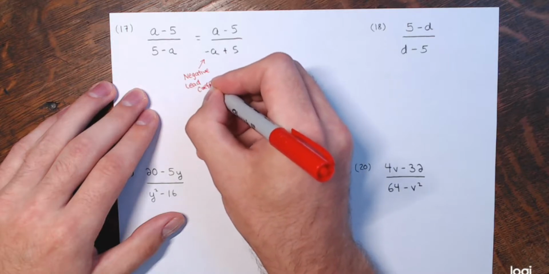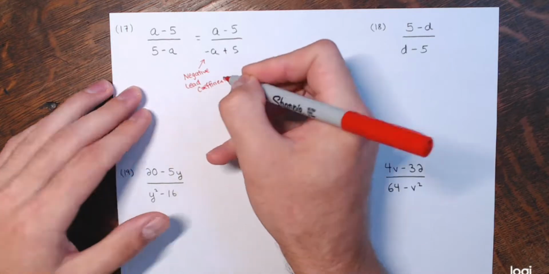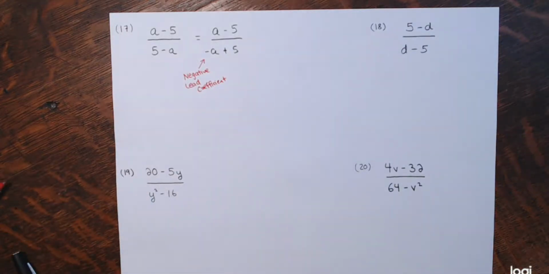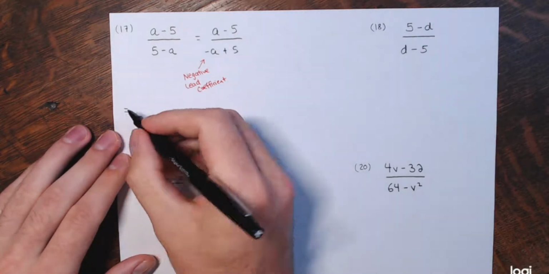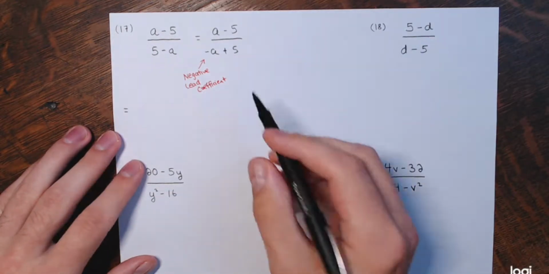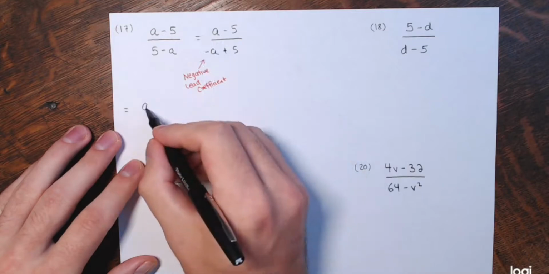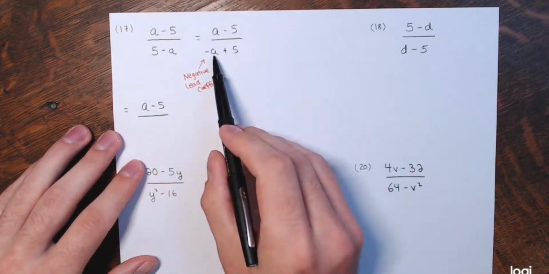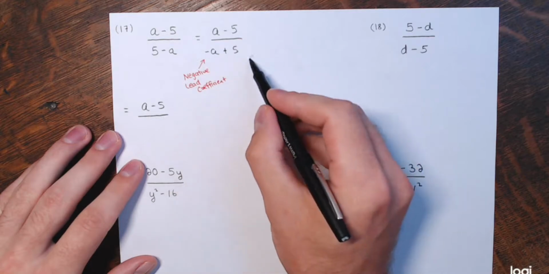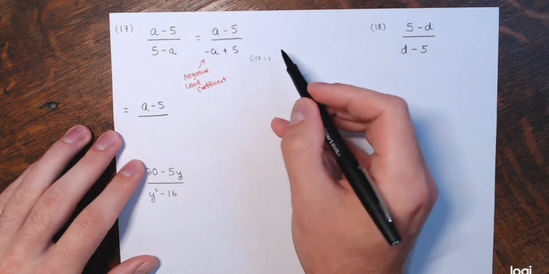Like an earlier example, I forget what example number that was. And remember, if you have a negative lead coefficient, you should be factoring out the opposite of the greatest common factor. So the numerator is a minus 5. The denominator, negative a plus 5, the greatest common factor there is just 1.